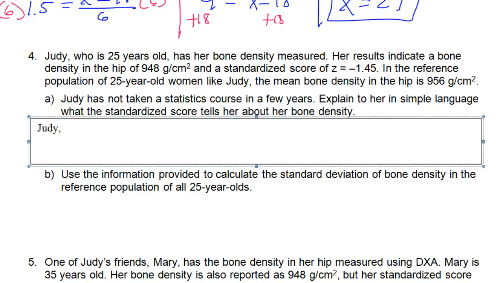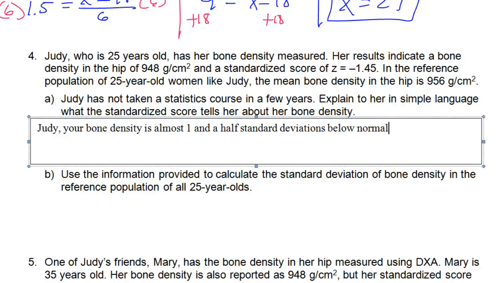Judy, your bone density is almost 1.5 standard deviations below normal. Okay, in simple words, that's what we have to tell Judy. Okay, she's about 1.5 standard deviations below the mean.